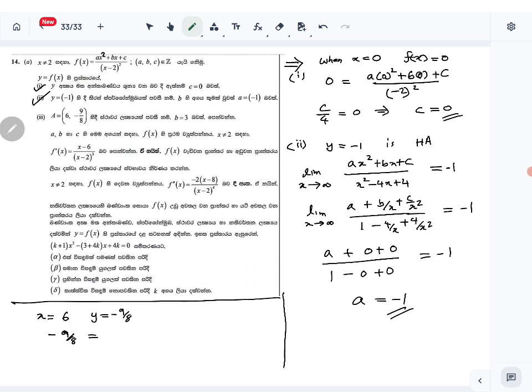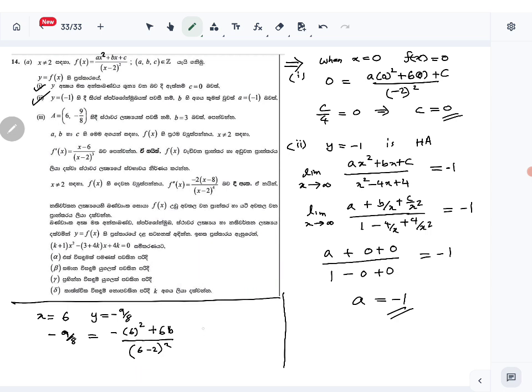So a is what? A is minus 1. So minus 6 squared plus, so b is what we want to find, so 6b. C is 0. So that is 0, over (6 minus 2) whole thing squared.